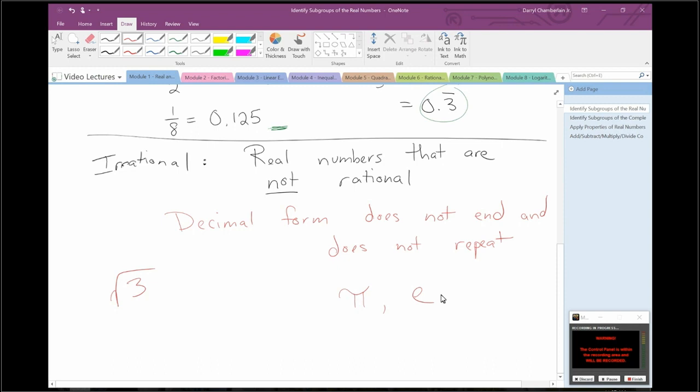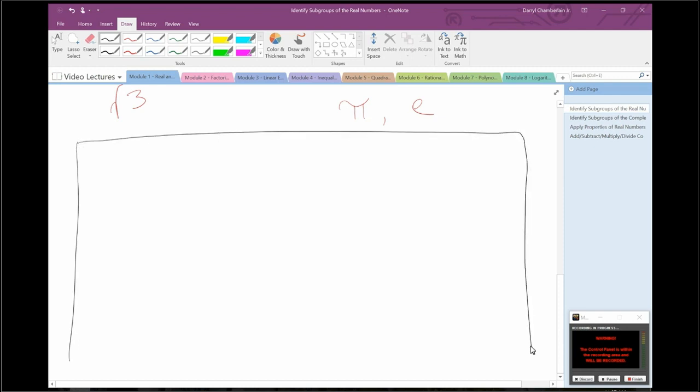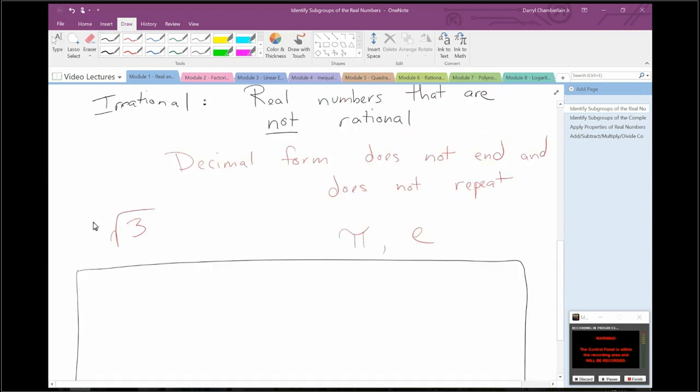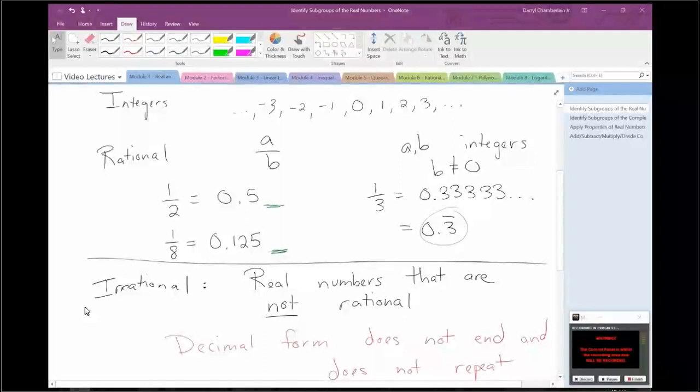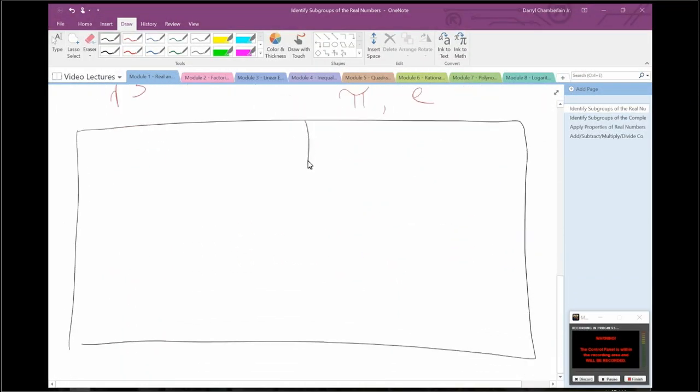So let's put all of that together. We have our real numbers. Everything in this box is going to be real. And from our definitions of rational and irrational, our real numbers are split down the middle. So we have rationals on this side and irrationals on this side.